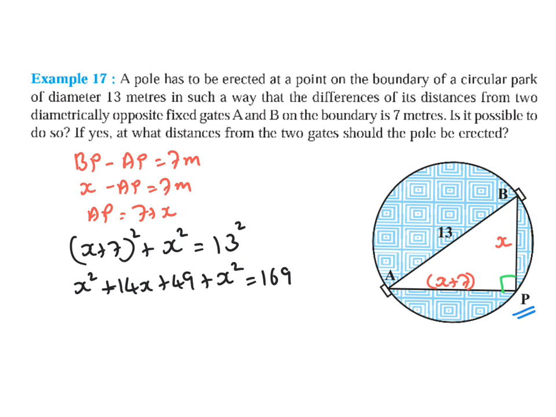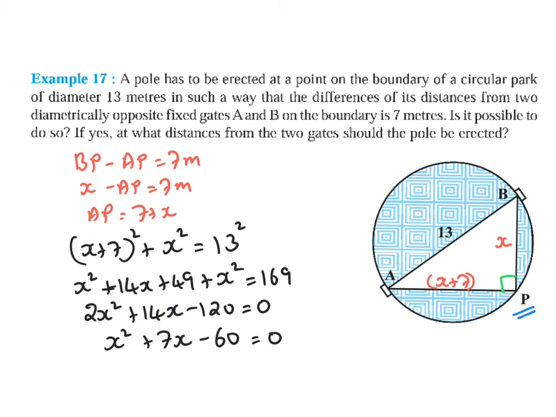Now if you simplify, you get 2x squared plus 14x minus 120 equal to 0. Since all the numbers can be divided by 2, if we divide by 2, we get the quadratic equation x squared plus 7x minus 60 equal to 0.